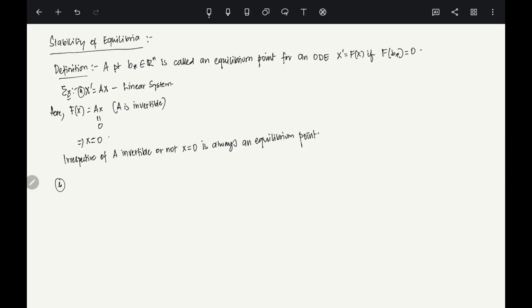Let's look at one example. Let's say x prime equals y and y prime equals x minus x cube minus beta y, and here we are assuming that beta is positive. This sort of equation is called Duffing's equation.